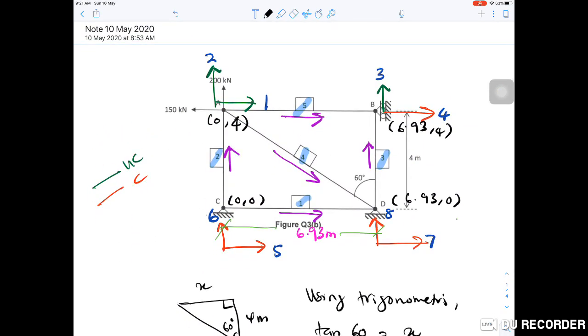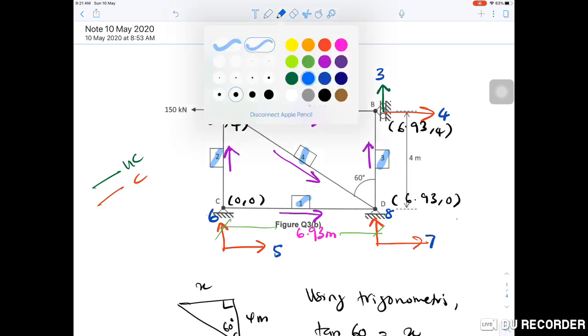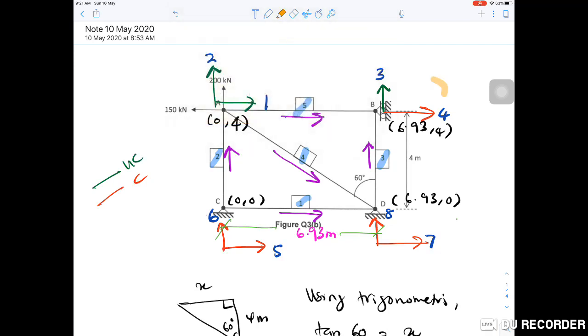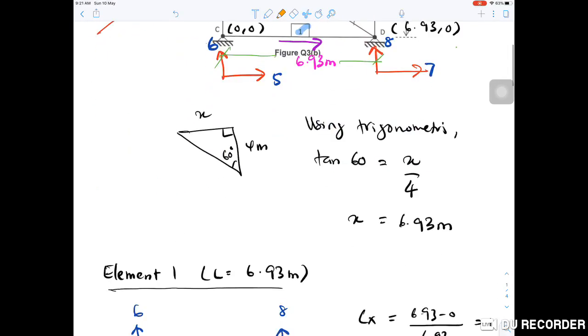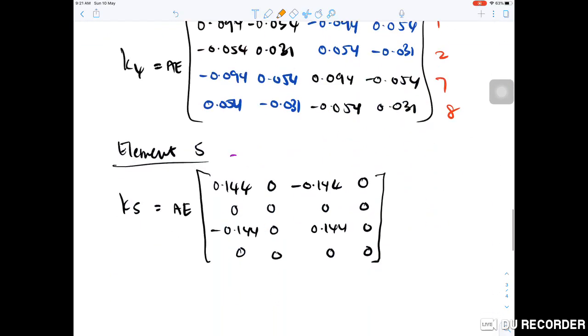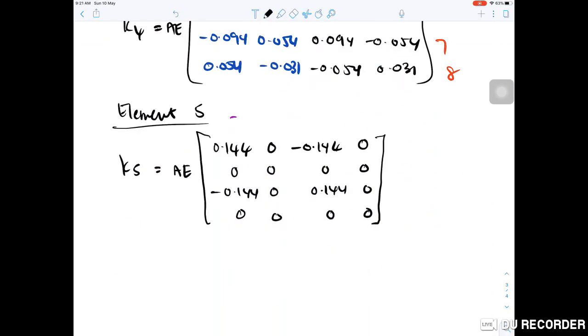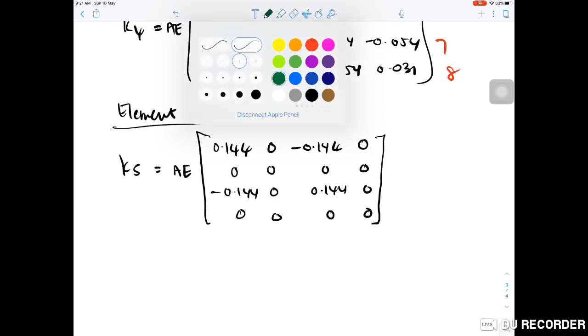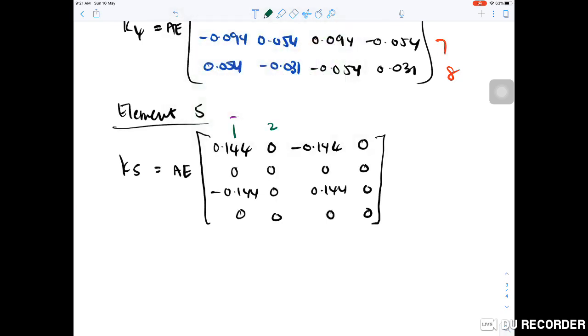Looking at the degrees of freedom for element 5, from near to far it is 1, 2, 4, 3, because we are referring to this one.